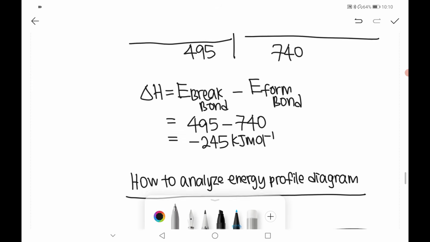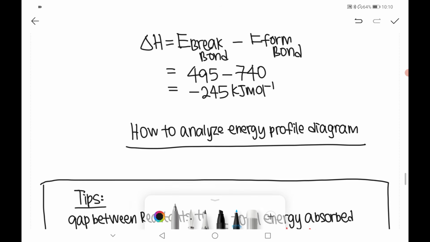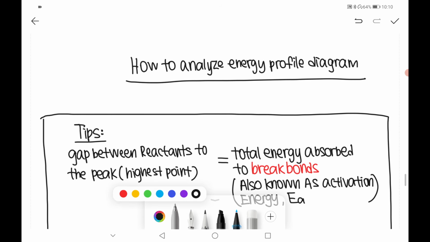Just now we already learned how to modify the energy level diagram into the energy profile diagram. Now the next thing, after we modify, is that we need to know how to analyze it.